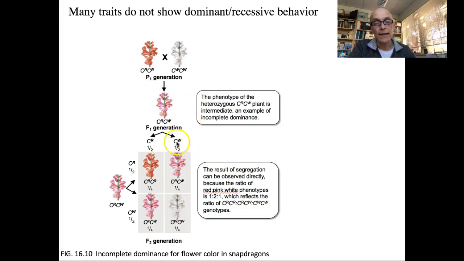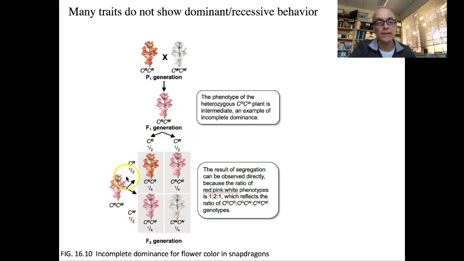So in the next generation then, the Punnett square works pretty much the same way as it does for a dominant recessive trait. You could write down the alleles that are possible, either the red allele or the white allele, for the mother on this side, for the father on this side. This is also a selfing plant, so you would have the same genotypes on both sides for the two parents.